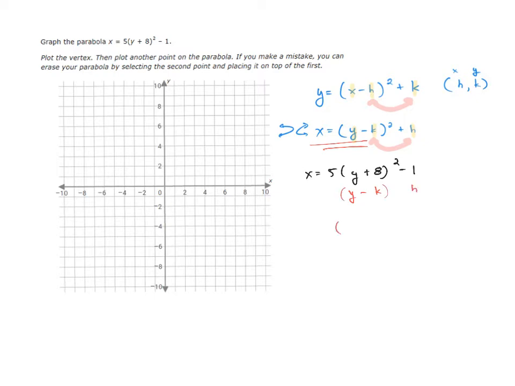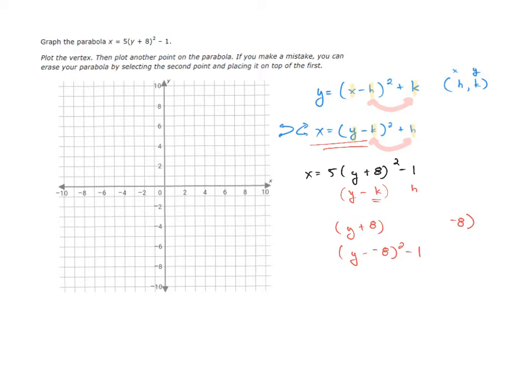Now, notice that in the parentheses it says y plus 8. So how did you end up with a plus in the parentheses if it says y minus k? Well, this was y minus a negative 8, squared. And so we need to identify that our k or our y was actually a negative 8.